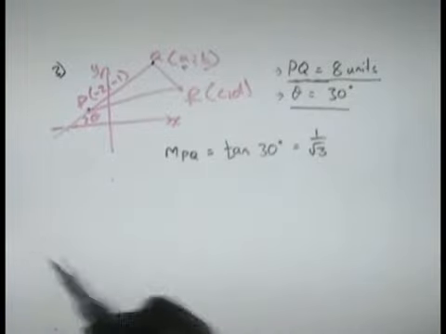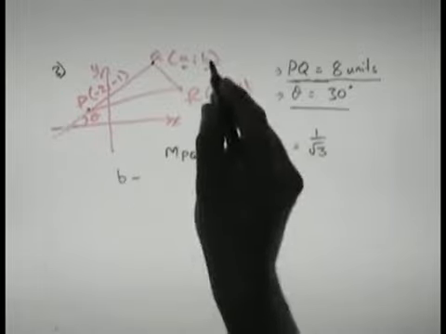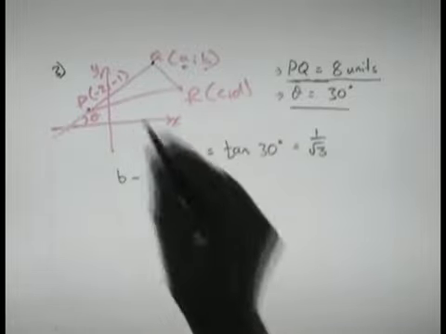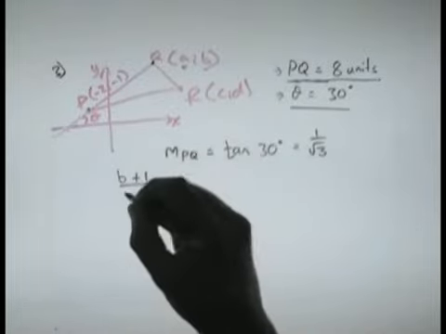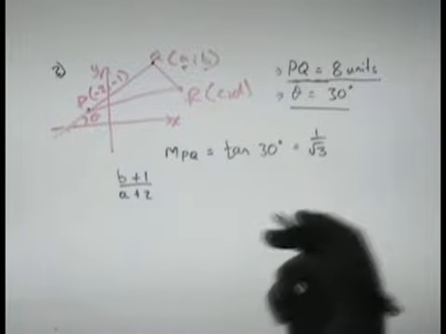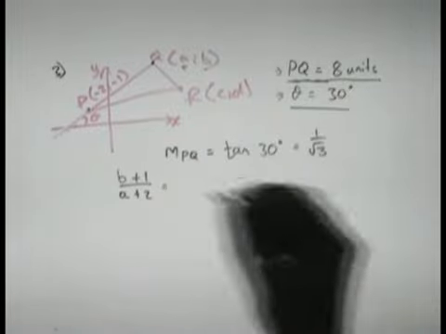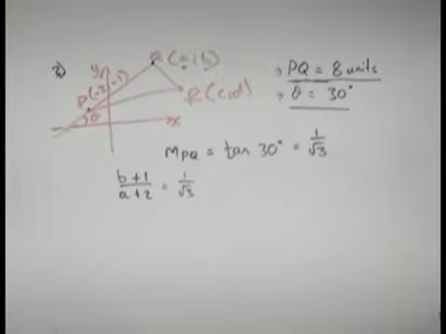How do we get our gradient of PQ? Remember, it's y2 minus y1, which is going to be b plus 1, over x2 minus x1, which is going to be a plus 2. But that has to equal 1 over root 3.